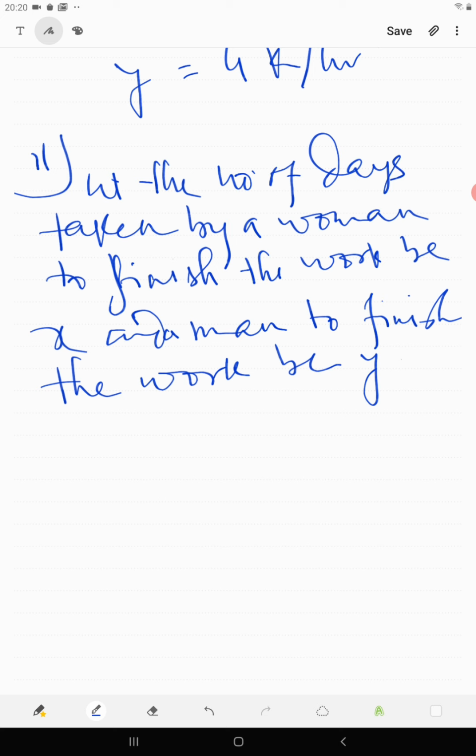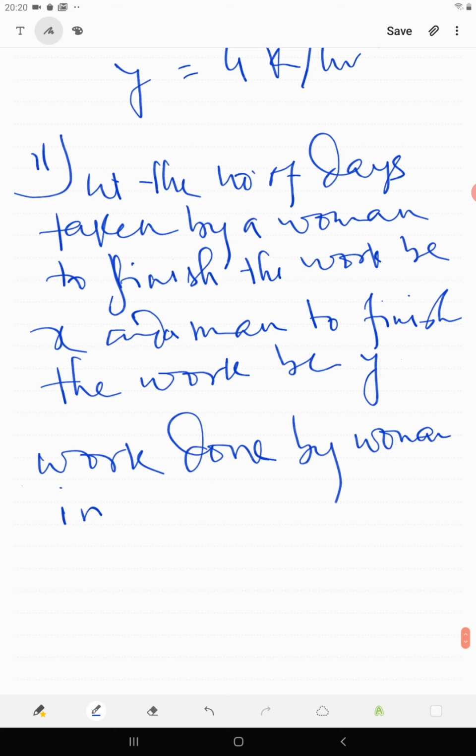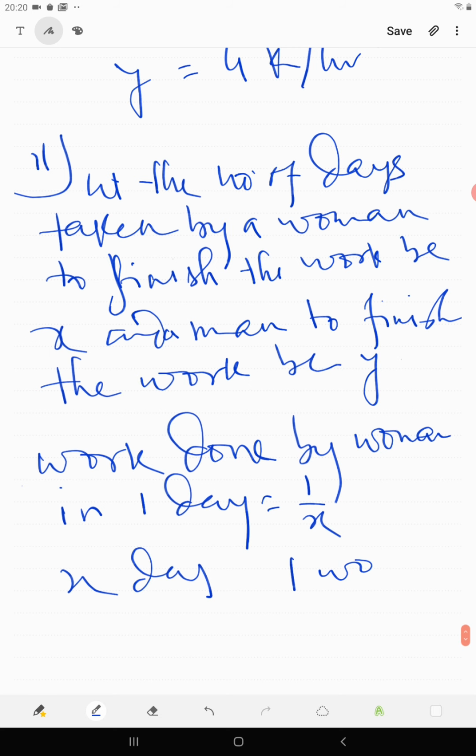So work done by a woman in one day equals 1 by X. Why am I doing this? X days, one work. If you know the unitary method, since X days is one work, therefore in one day it is 1 by X work.